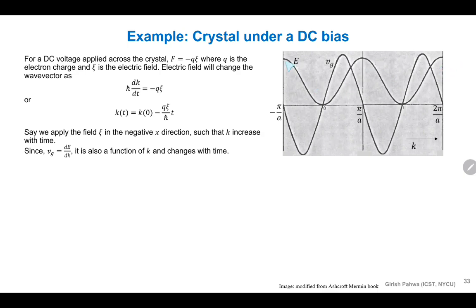And what will be the velocity? You take the differentiation, dE by dk. So what is dE by dk here? 0. dE by dk here, 0. dE by dk here, again 0. What is dE by dk here? It starts from 0 and the slope is negative here. So it has a negative peak, the velocity.